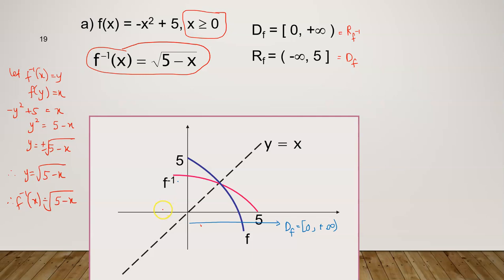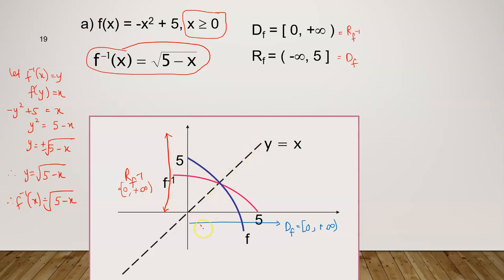This one is the range of f inverse. You can see your graph is starting from here and going this side. So this is basically our range of f inverse, that's why this equals to 0 to plus infinity.